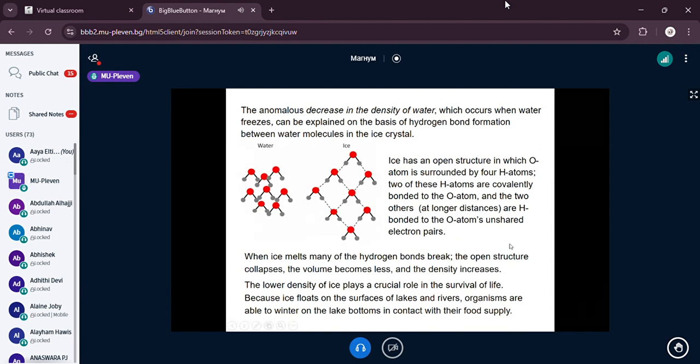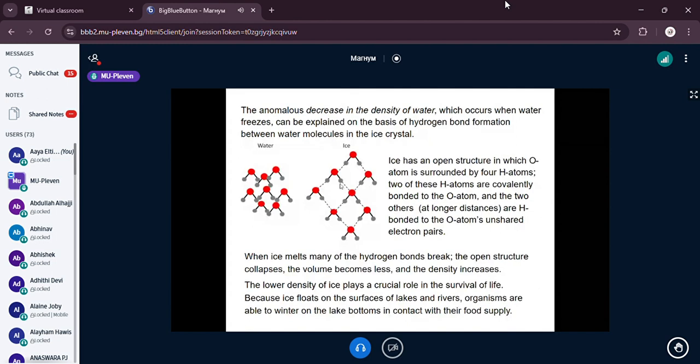Let us discuss hydrogen bonds between water molecules. Here are shown water molecules in liquid water. And here, the structure of hydrogen bonds between water molecules in solid state, in ice.